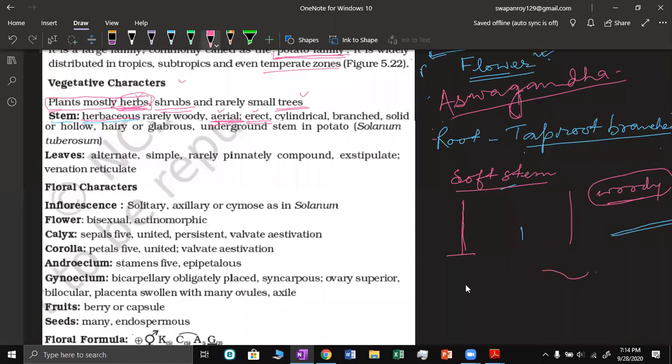We cannot go with the very specific case in one; mostly we will see this. And it is cylindrical. Cylindrical means that in most cases the stem and branches are round in cross section.